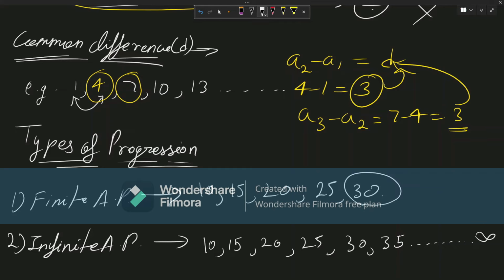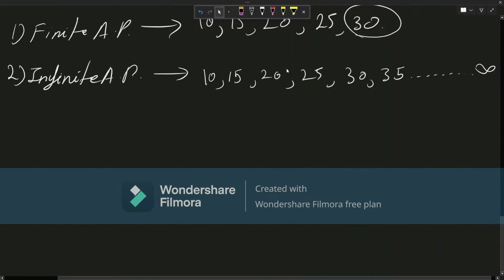Now there are some general terms and some formulas that you guys need to remember. Sometimes students might get confused between what is the meaning of A, what is the meaning of D and AN. So I'm going to write it down with red pen. Suppose we have A. What is A? Now you might be thinking it is the term.